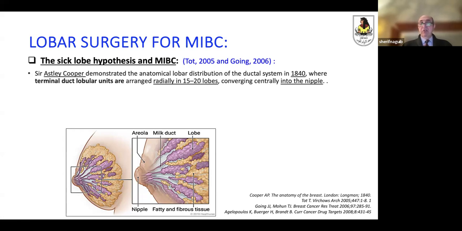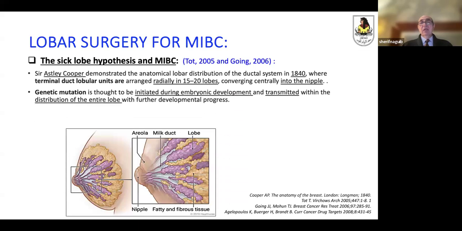And this encouraged some anatomists and some genetic specialists to produce their theory that breast cancer was initiated during embryonic development, and it involved the entire lobe that Sir Astley Cooper so well described in the breast.